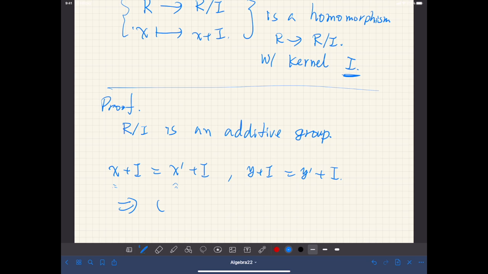So if this is the case, then xy plus I is equal to x prime y prime plus I. Is this true? This is what we need to show.